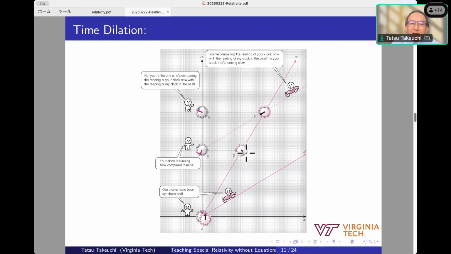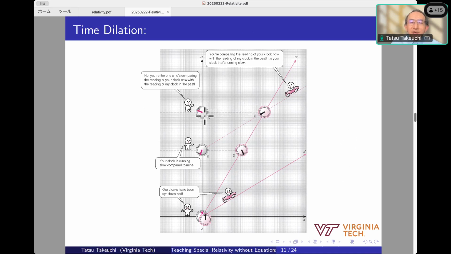But the moving frame observer will say, well, that's ridiculous, because the rest frame observer is comparing the reading of the clock at rest with the reading of the clock in the moving frame in the past. However, when the moving frame observer compares the reading of his clock here and the reading of the other clock here, the rest frame observer will say, well, that's ridiculous, because this clock is at the same time as this clock.